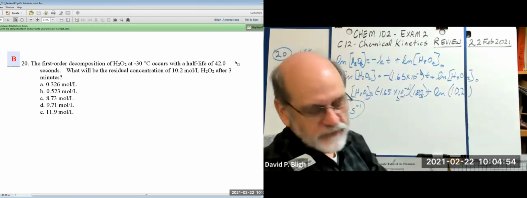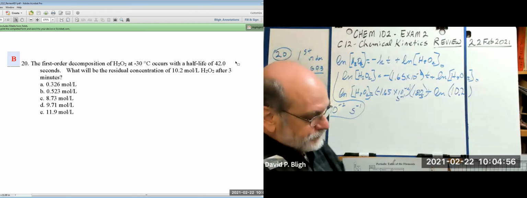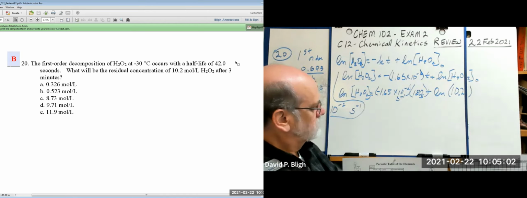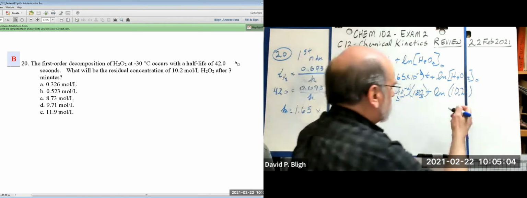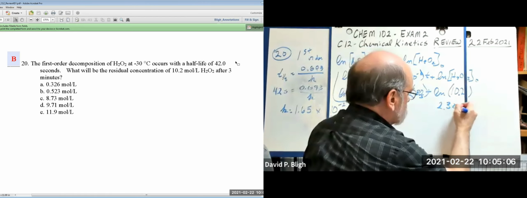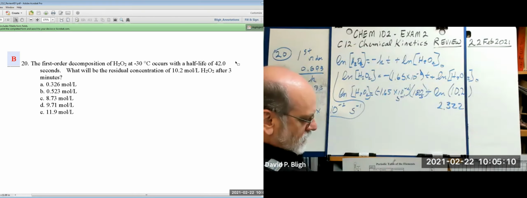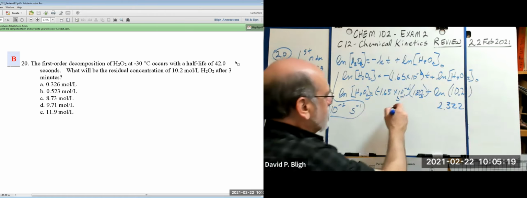The natural log of 10.2, how about that? Is 2.322. Well, I'll just write it out here. 2.322, okay? And then this one is times 180, change the sign, is minus 2.97.